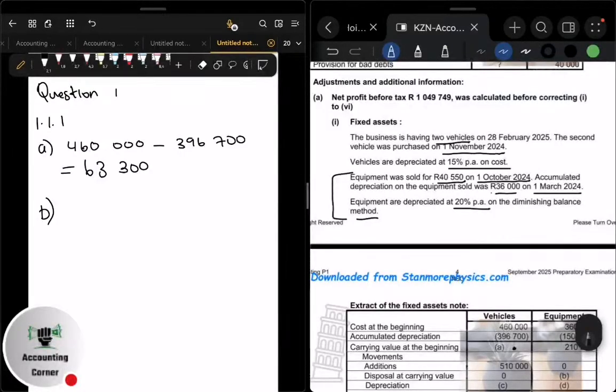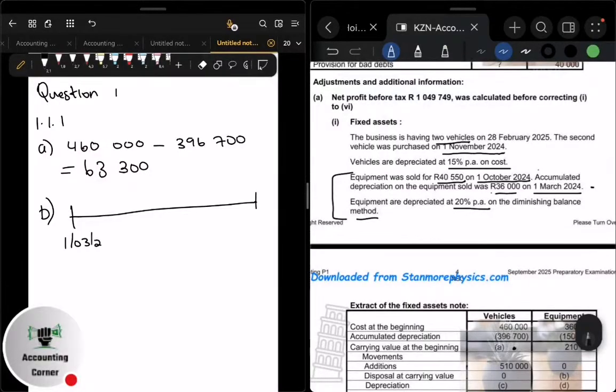Since it's the carrying value on the date that it is sold, we need to calculate the depreciation for the current year. They only gave us accumulated depreciation up until the beginning of the year, the 1st of March 2024. We need depreciation up until the date it was sold, which is the 1st of October 2024. So our year starts on the 1st of March. You can draw a timeline if that will help you better.